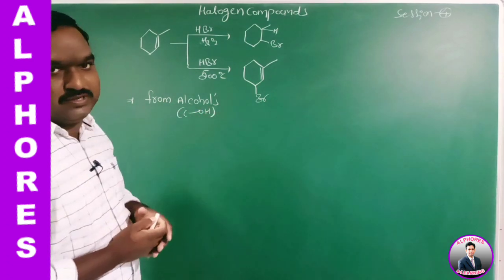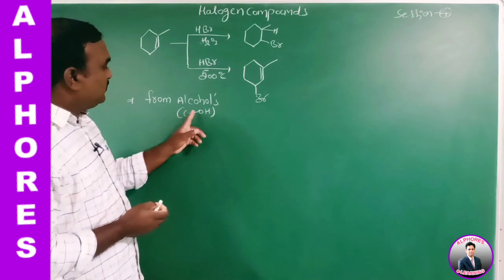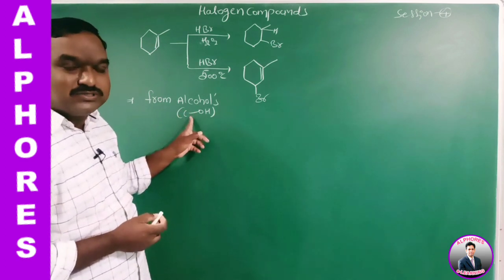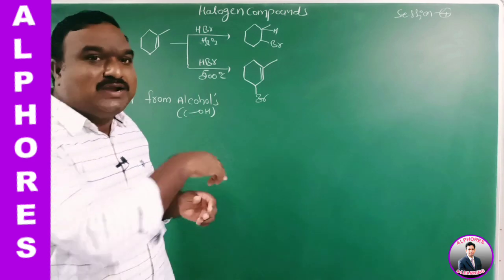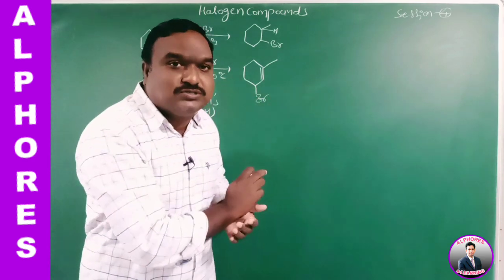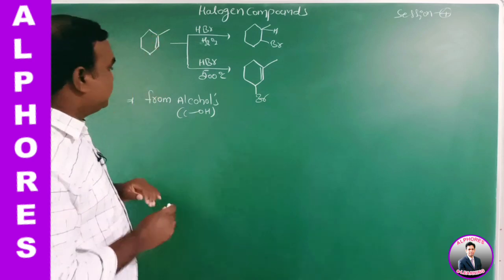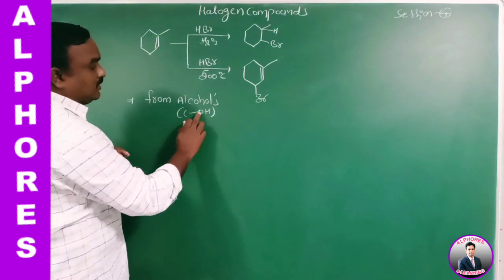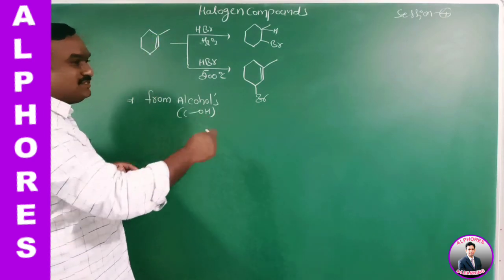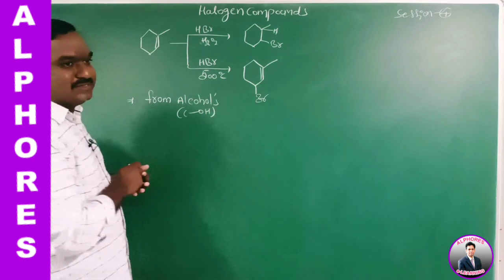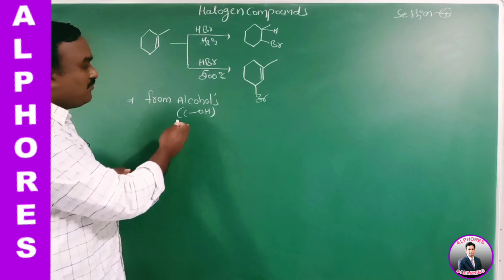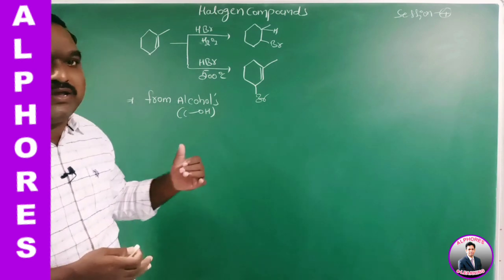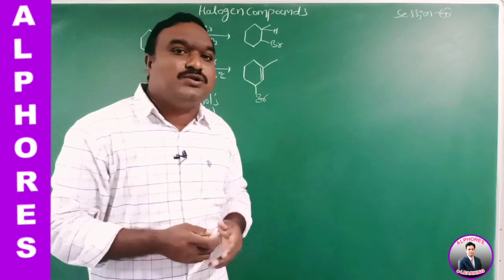C-OH connectivity. C-OH connectivity means the bond undergoes heterolytic cleavage. Always the bonded electrons migrate towards the more electronegative atom here. So that means OH minus is replaced by the incoming minus. Minus means nucleophile. One nucleophile is substituted by another nucleophile.